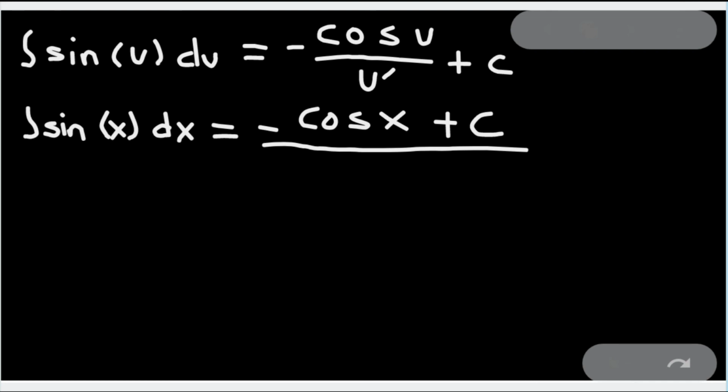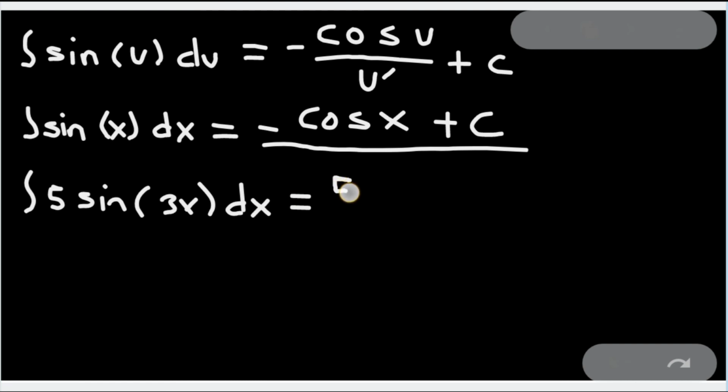Let's have another example. Let's say we have the integral of 5 sine 3x dx. 5 here is constant, so we can put it on the left side. So what we have now is sine 3x dx.